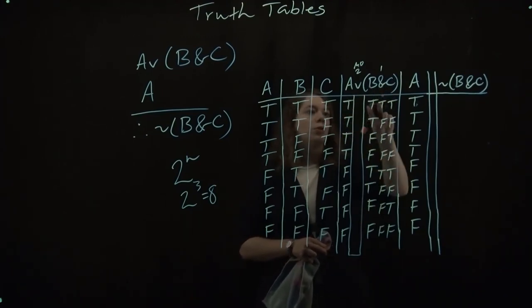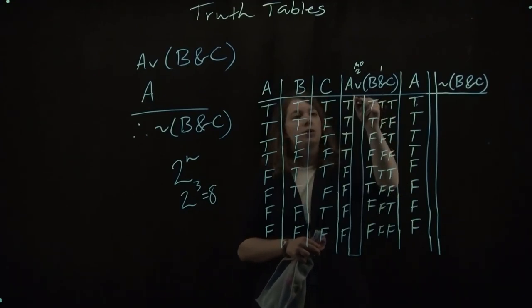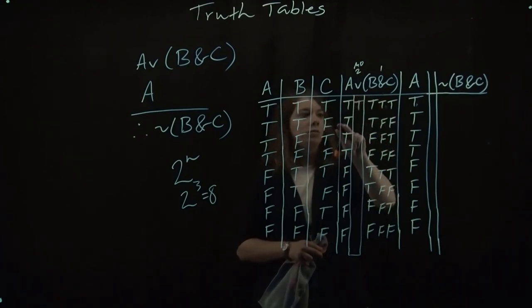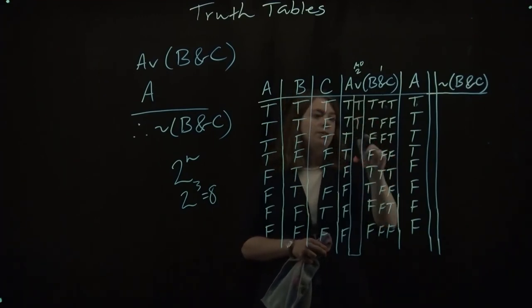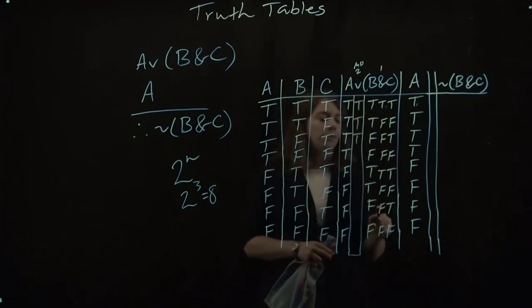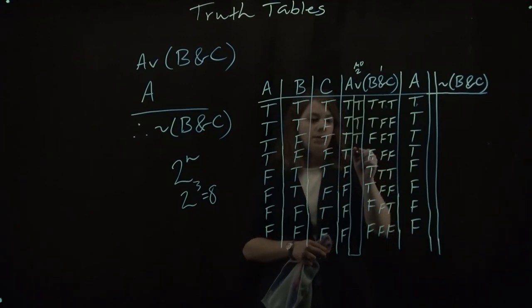And so true or true, we know from the disjunction operation table, is true. True here, false here, true; true, false is true; true, false again is true; false, true still is true on a disjunction.